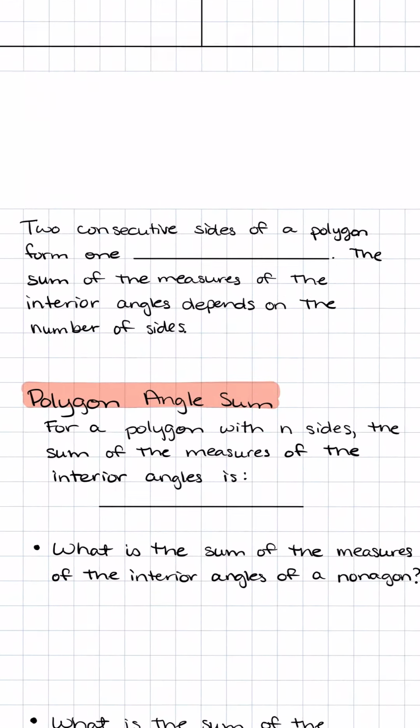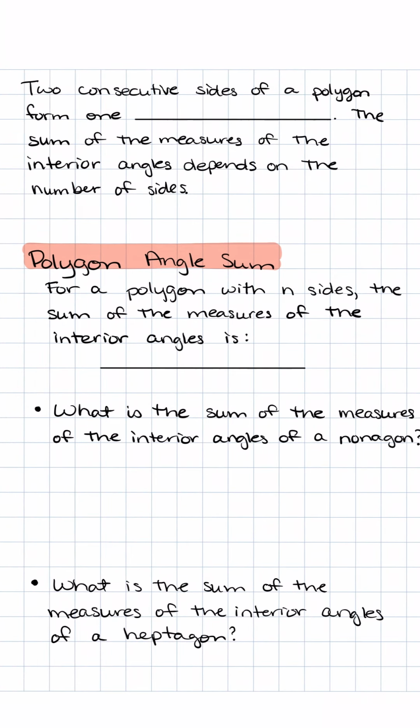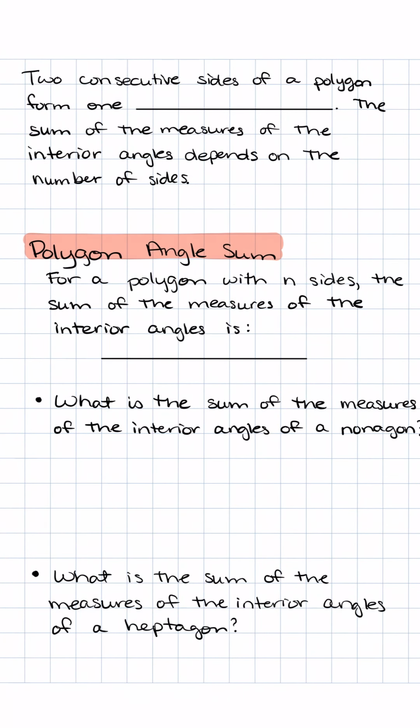Moving along. So 2 consecutive sides of a polygon form one interior angle. The sum of the measures of the interior angles depends on the number of sides.